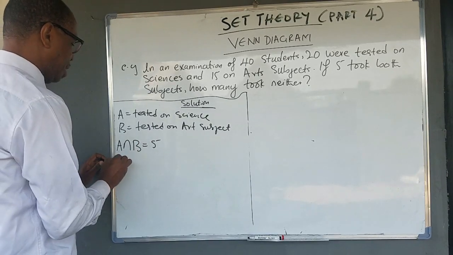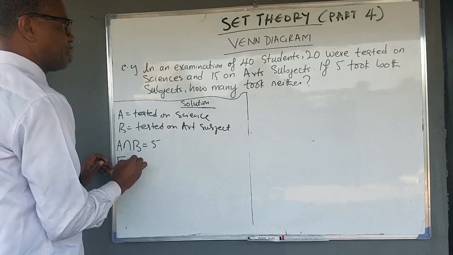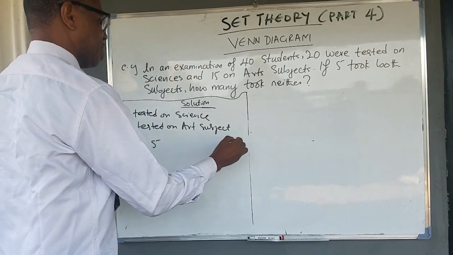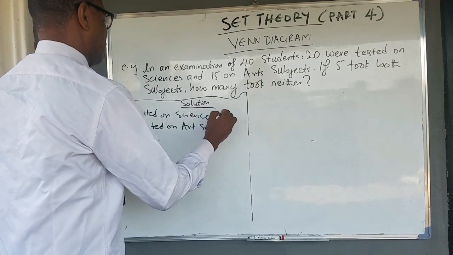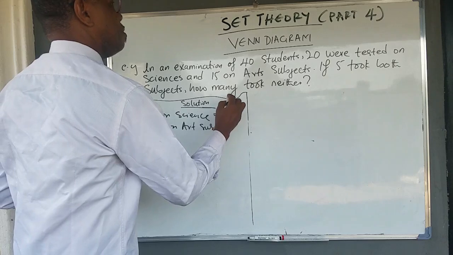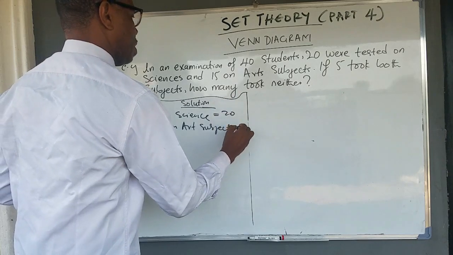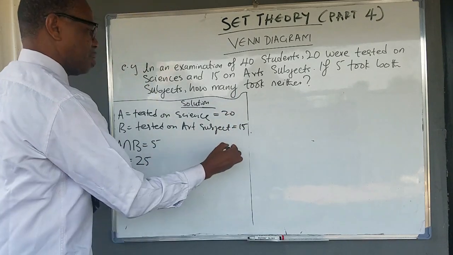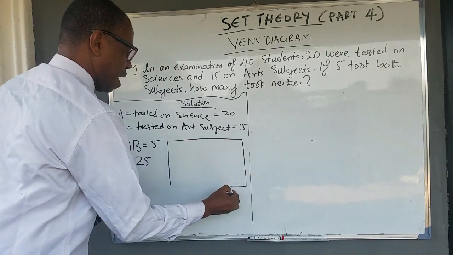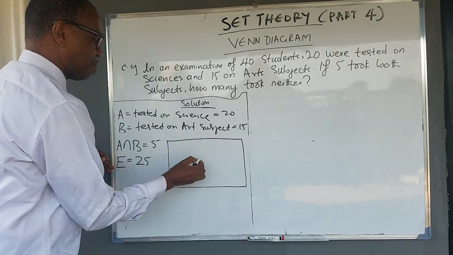Then E is the universal set, the total number of students, which is 40. A is equal to 20, B is equal to 15. With this information, I can draw a simple Venn diagram that will help me to solve this fast.